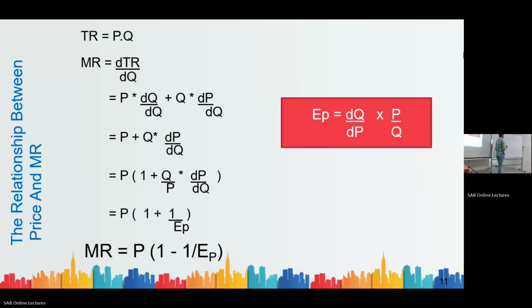If you are considering the negative sign instead, then this should be positive. So if you want to consider the negative sign, you should modify this marginal revenue expression as P into 1 plus 1 over minus EP.